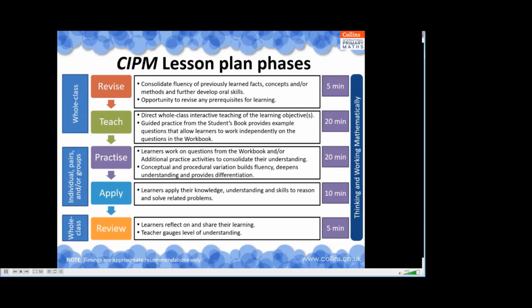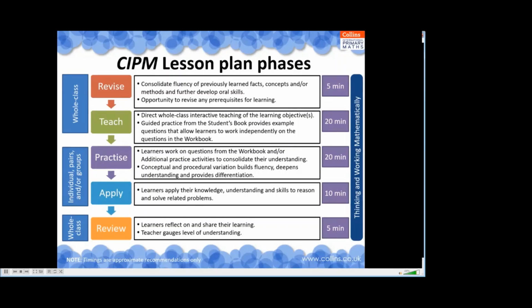This is followed by the main teaching input phase of the lesson, which involves direct whole class interactive teaching of the learning objectives, followed by guided practice from the student's book, which provides example questions that allows learners to work independently on the questions in the workbook.